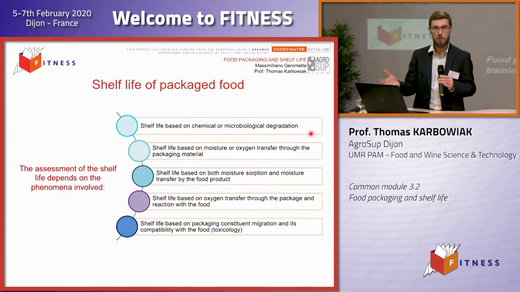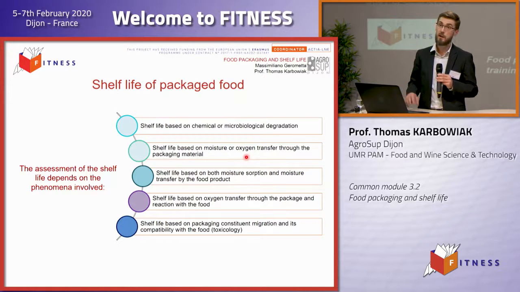You will not consider the packaging in that case, of course. You could have another situation, which is the shelf life based on moisture or oxygen transfer through the packaging material, which means that for a given case, you can consider only the packaging and not the food. These first two situations are quite easy because you are not combining both pieces of information.